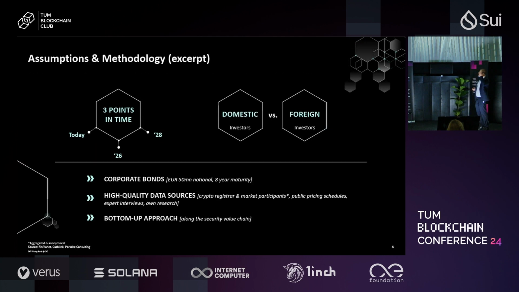All right, so let's dig a little deeper here, and move on to the assumptions and the methodology. As I already mentioned, we discovered that the results were very sensitive to the infrastructure maturity level, and that's why we were looking at 3 different points in time, and each point in time basically depicts a different level of DLT infrastructure maturity.